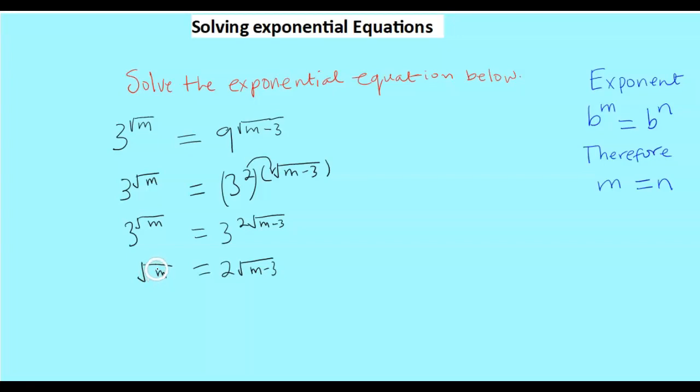So we move on to the second step. We square both sides, so we're going to square that. When we square, the square root goes away, leaving the radicand behind. It's going to go on top here, so we're going to get that, and then this will go away.